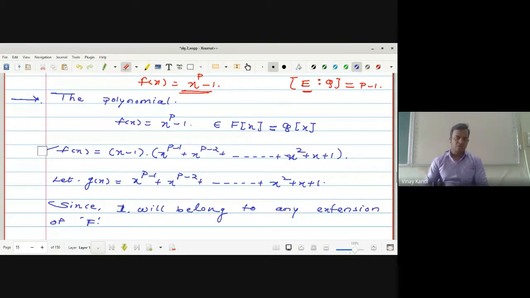We have to find the splitting field of f of x, that means the field such that we can write this f of x as a product of linear factors. This x minus 1 is a linear factor, and this 1 is always in your F.